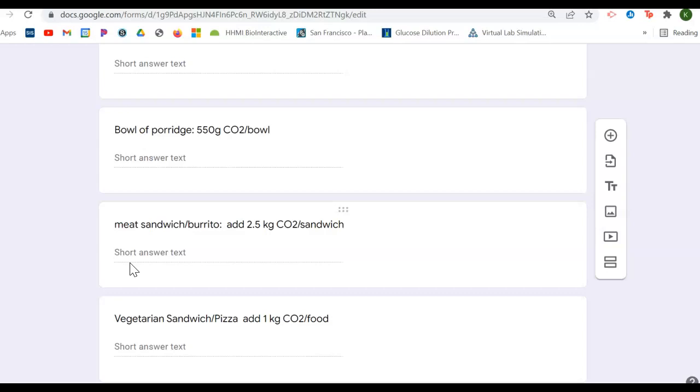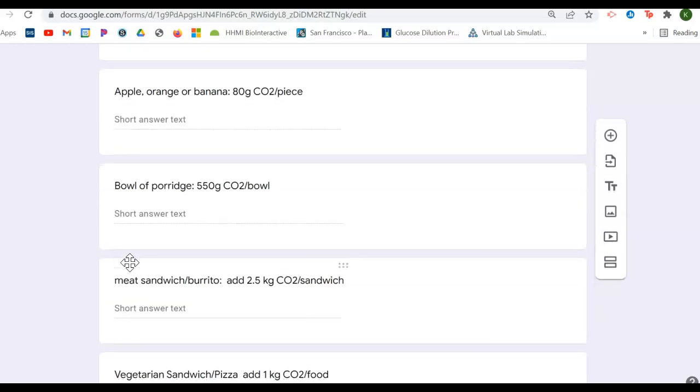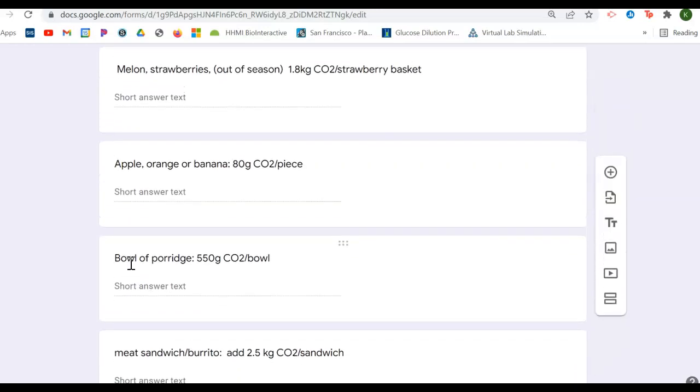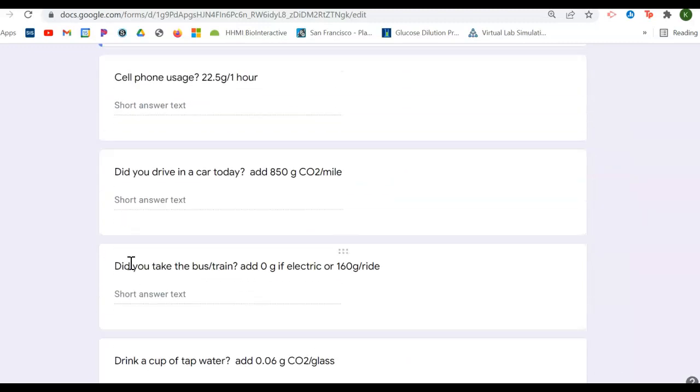If you are eating something vegetarian, but with cheese or some dairy product, call that a cheese sandwich. And if you're eating just grains of some sort, that could be a slice of bread, call that a bowl of porridge, okay? So I'll let you adjust what you think is best in your 24-hour period.